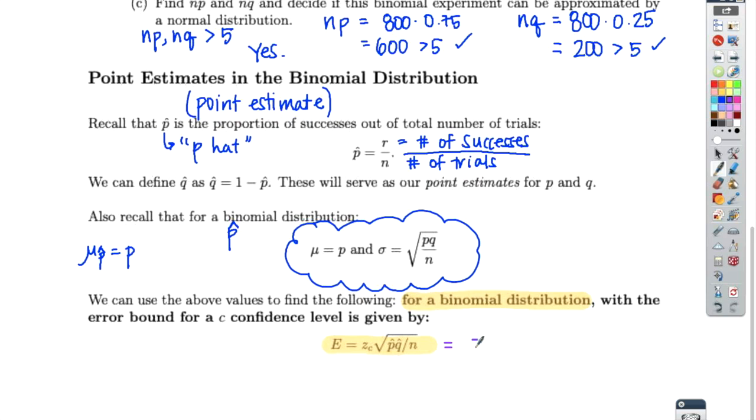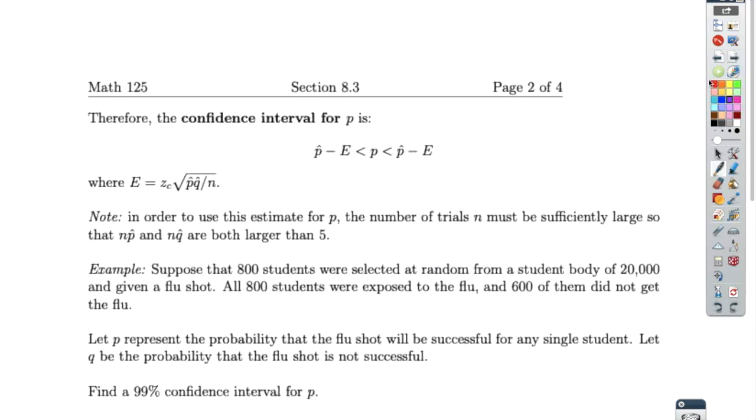It's written Z sub C, our critical value, times the square root of P hat, and then instead of Q hat, your formula packet says 1 minus P hat. But of course, 1 minus P hat, whatever's left over, is Q hat. So there's just a minor difference there, but they're really the same formula. You don't have to memorize this. It's all written down for you.